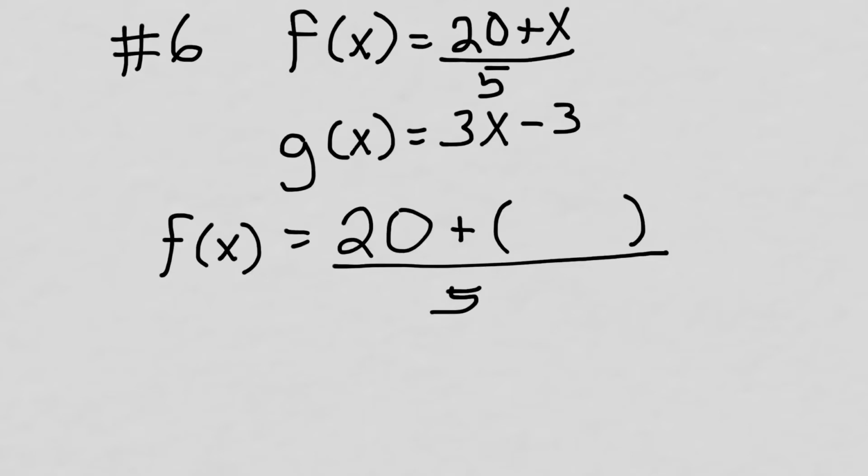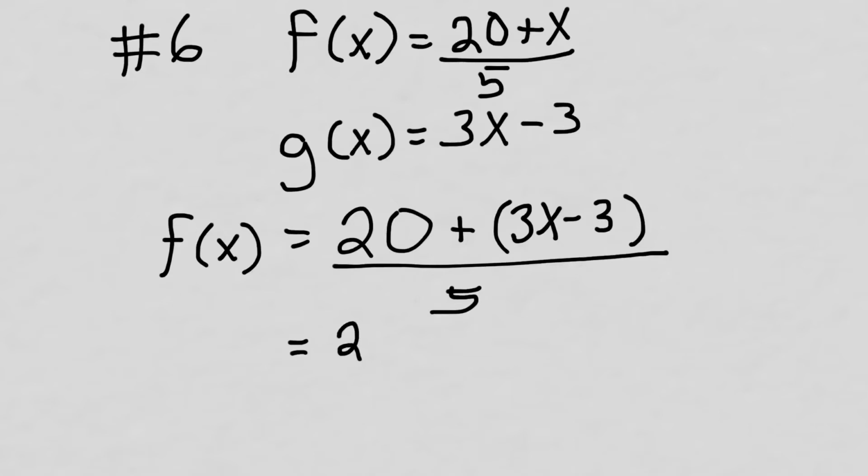Number 6. All right, the larger function here is the first one, f of x. So I used as my shell 20 plus x over 5. I'm going to insert 3x minus 3, which is g of x. All right, now we get to solve.